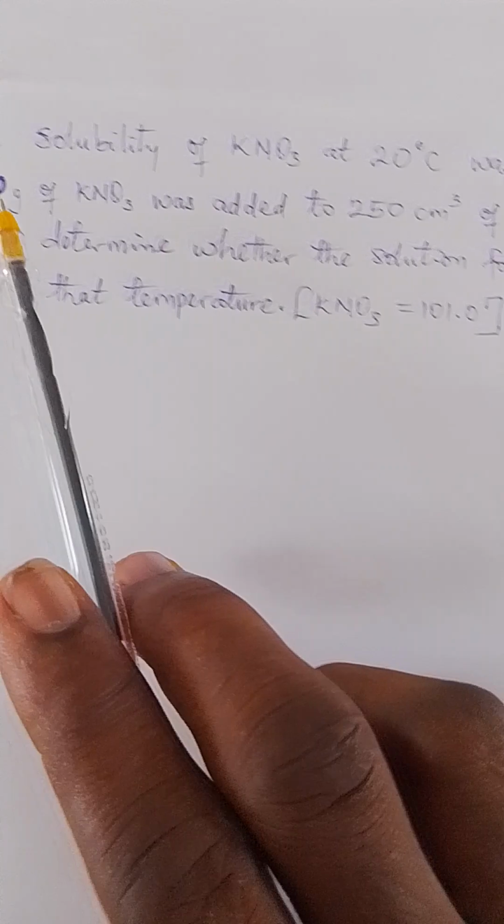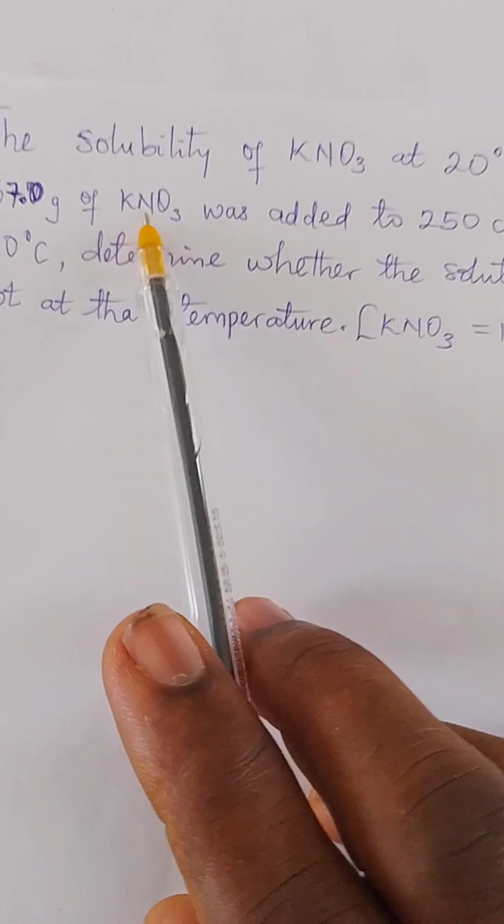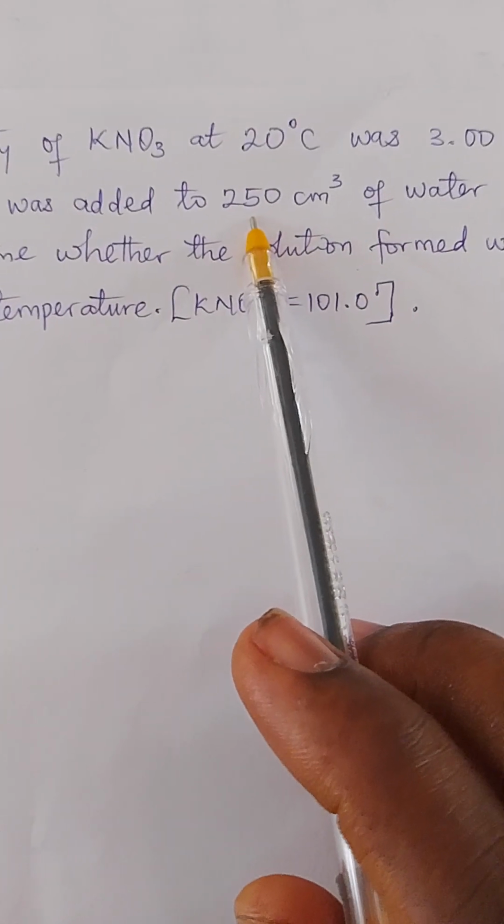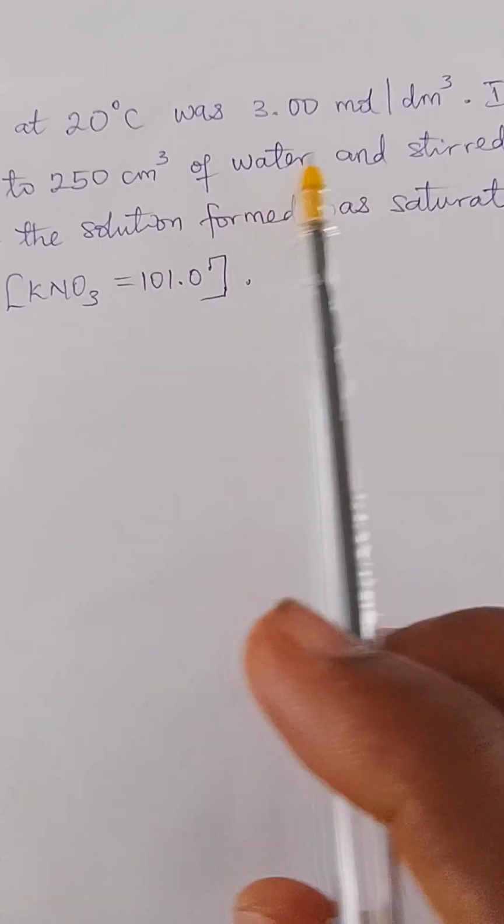They now say if 67.0 grams of KNO3 was added to 250 cm cube of water and stirred at 20 degrees Celsius, determine whether the solution formed was saturated or not at that temperature, and we are given the molar mass of KNO3.